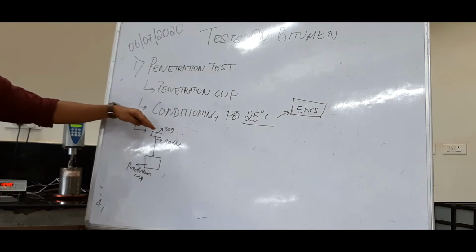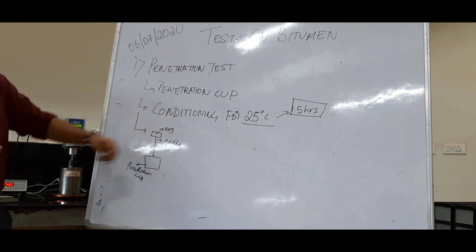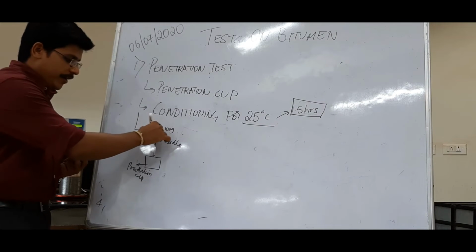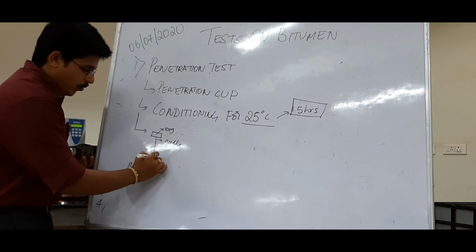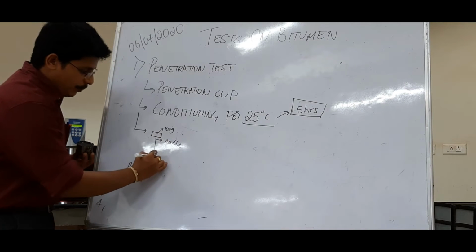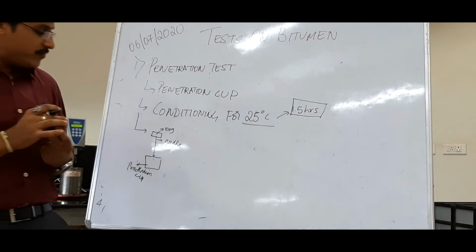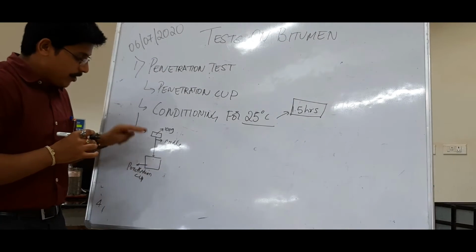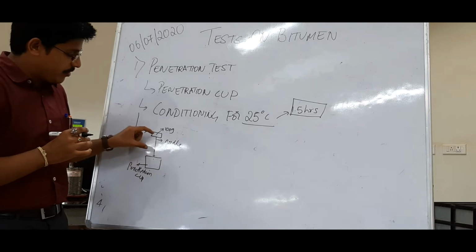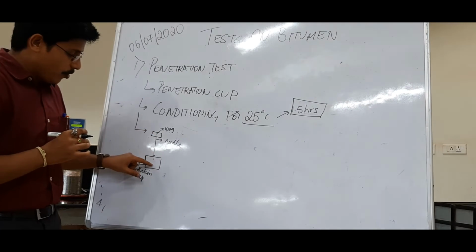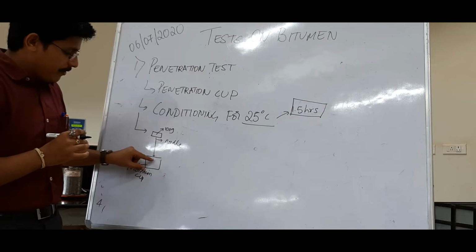Then you allow the needle to penetrate due to gravity. Let it penetrate the bitumen freely. The needle will penetrate a certain depth depending on the bitumen hardness. This is very important to note. If it is very soft bitumen, it will penetrate more. If it is hard, it will penetrate less.